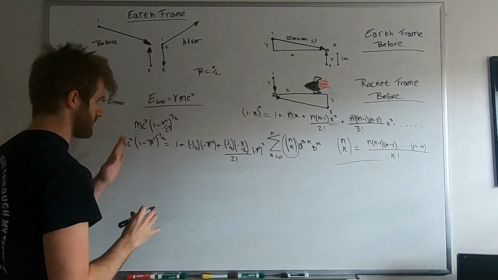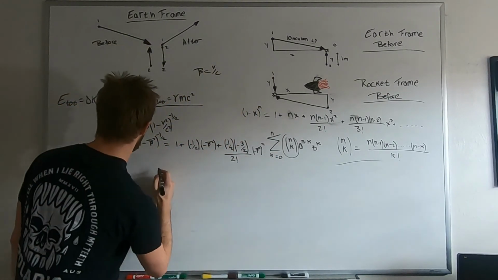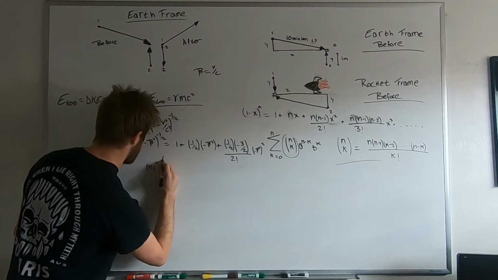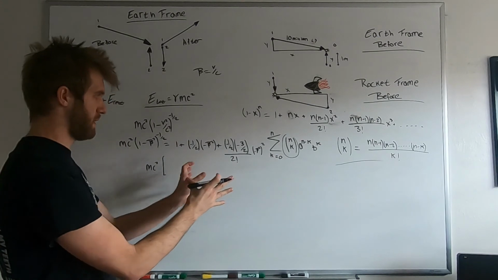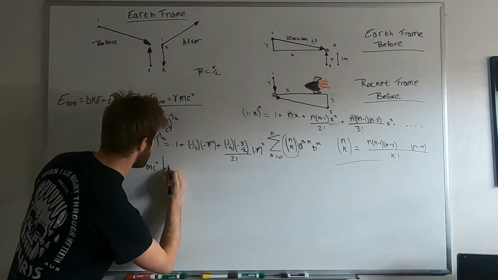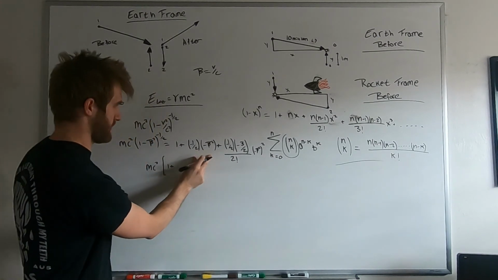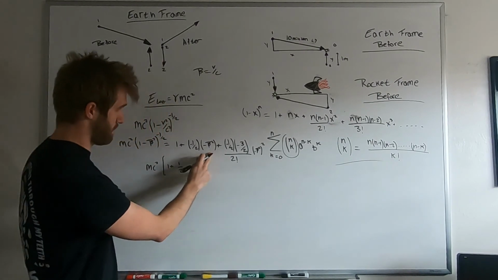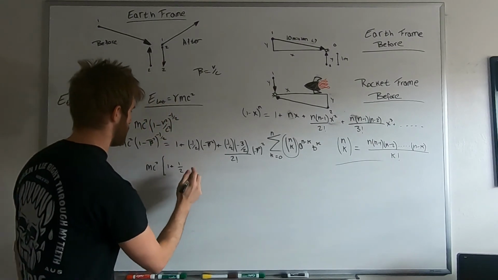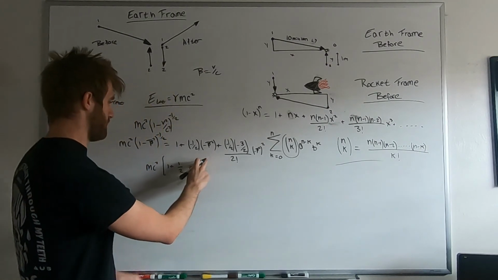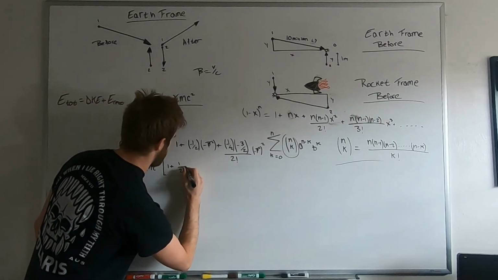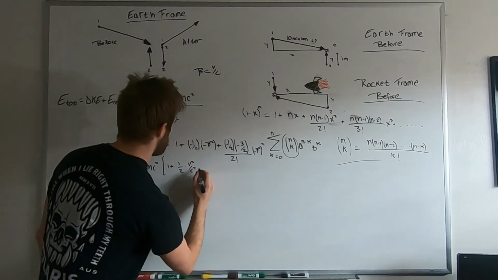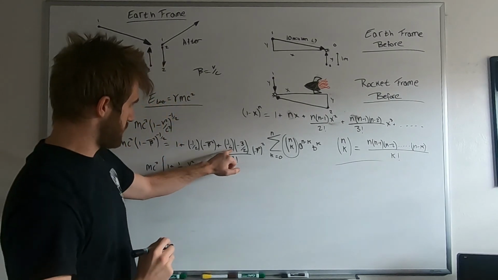All right, so let's simplify this a bit, and what we're going to have is mc squared times our expanded polynomial, where we have 1 plus, these negatives cancel, so we're just going to have 1 over 2 beta squared, which is v squared over c squared, plus, these terms will multiply.